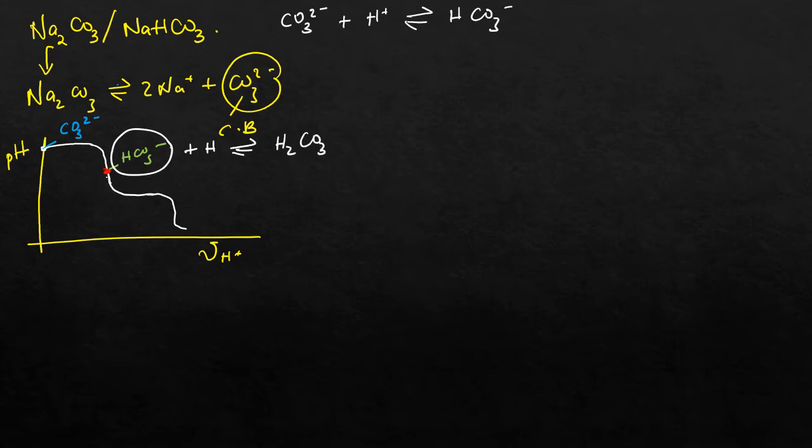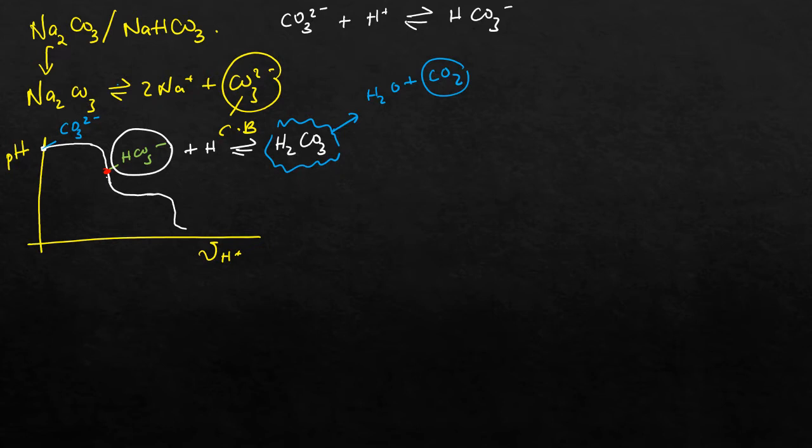Now, carbonic acid is very unstable, so it would dissociate to produce H2O and CO2. So at the end point, you might see some bubbles in solution.